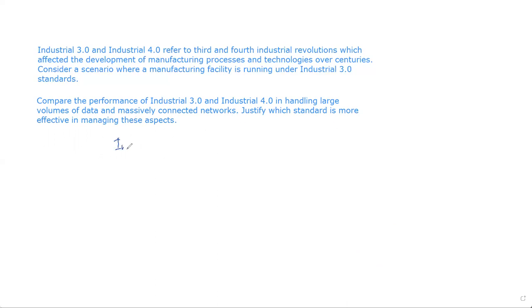Industry 3.0, however, is about using computer systems. So Industry 3.0 standards were focused on using computer systems mainly to improve the efficiency of the industrial environment. Industry 4.0 was focusing on adding connectivity to the industrial facility.